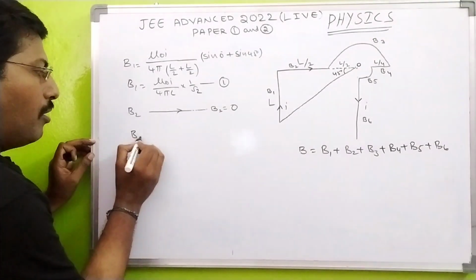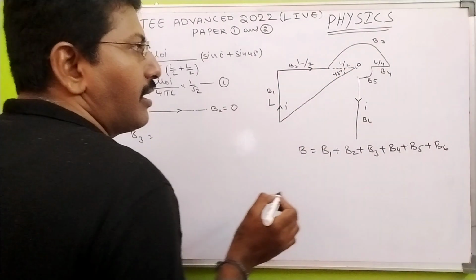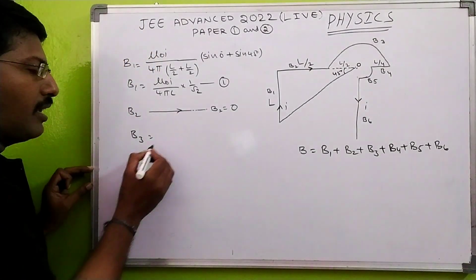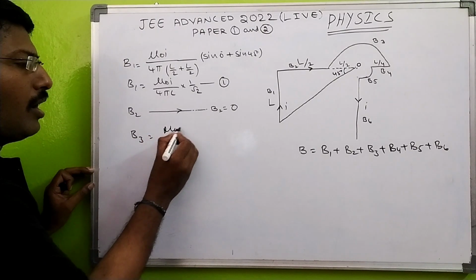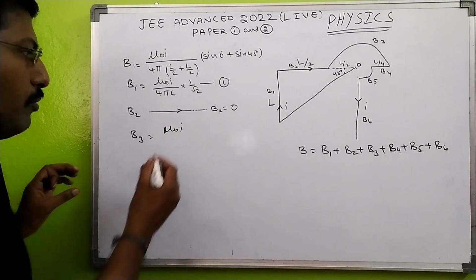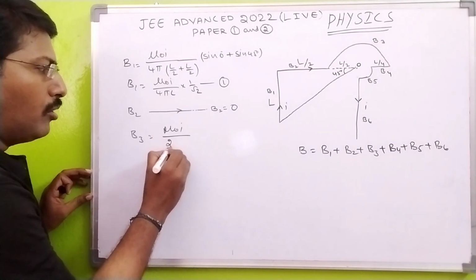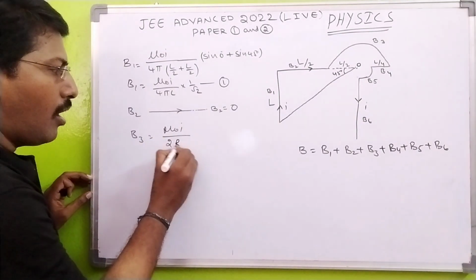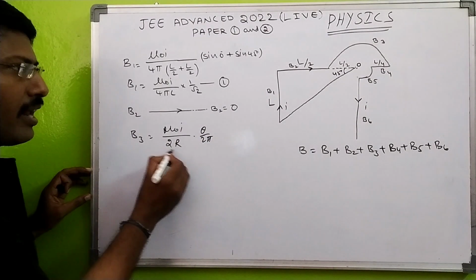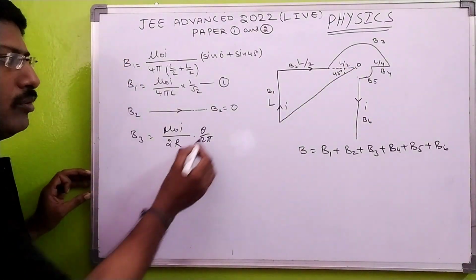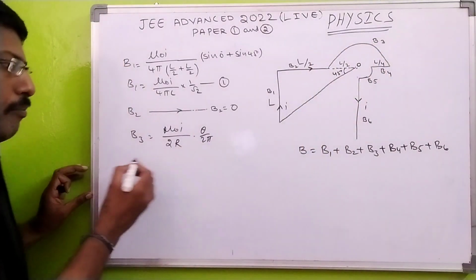Next, B3, this is the semicircle. The formula is mu naught I by 2R times theta by 2 pi. Here the R value represents L by 2, and the theta value for a semicircle is pi.